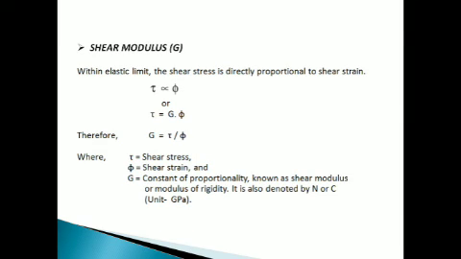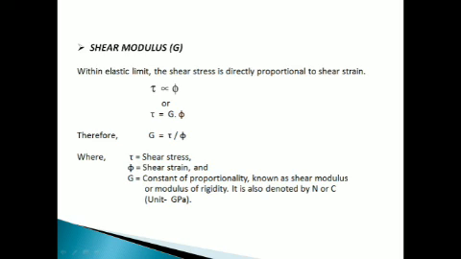Coming to the next slide, shear modulus. Shear modulus is expressed as G. Within the elastic limit, the shear stress is also directly proportional to shear strain. Mathematically, we can write tau is directly proportional to phi, or tau is equal to G into phi.